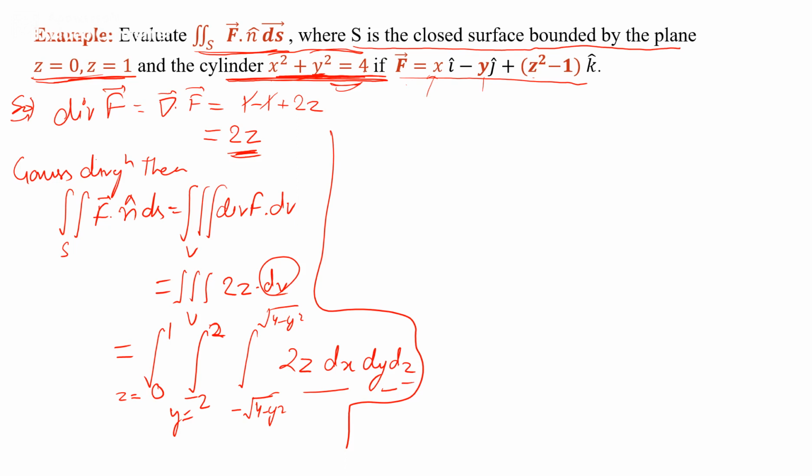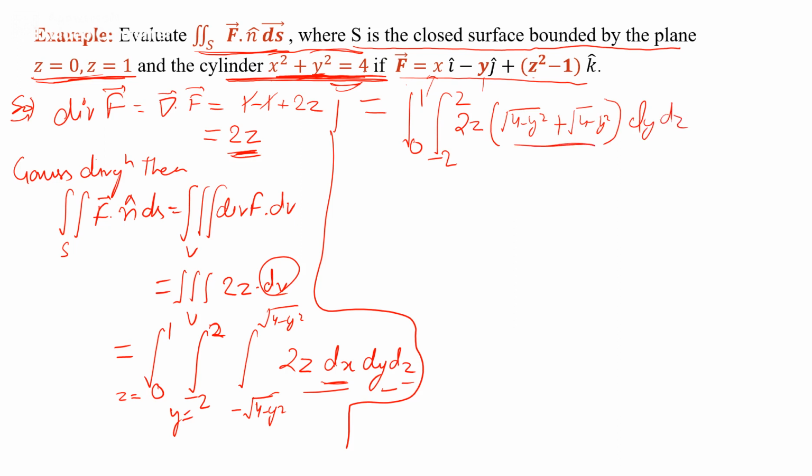First we take the integration with respect to x. So z from 0 to 1, y from minus 2 to 2, and 2z is constant when we integrate with respect to x. So we write 2z times x and put the limits. We get root of 4 minus y square plus root of 4 minus y square, dy dz.